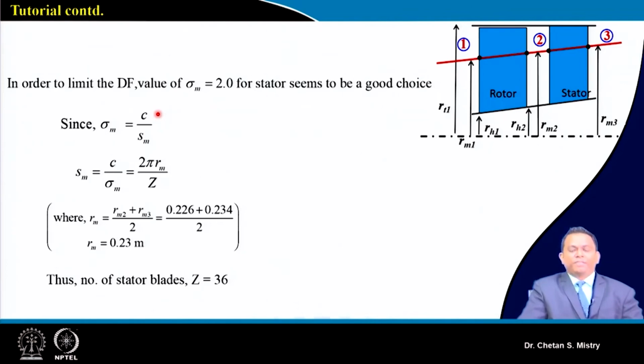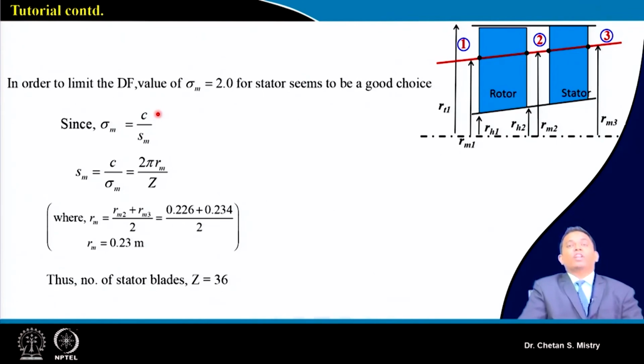There are different approaches for assuming the number of blades for the stator. Here in this case, in order to limit our diffusion factor, say we have assumed our diffusion factor for the rotor, diffusion factor for the stator also can be assumed, but do not go into the detail. We will be making an assumption for solidity.